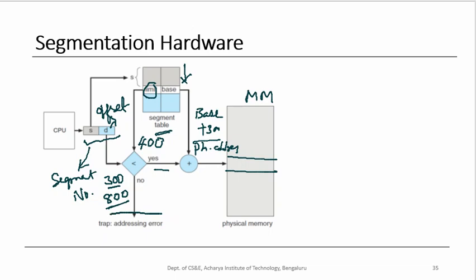So a trap is generated to the operating system, and the operating system will display an addressing error to the user, indicating that the process is trying to access the address space of some other process or the operating system, violating the memory protection policy. So this is about the hardware support that the operating system gets for realizing the segmentation technique.